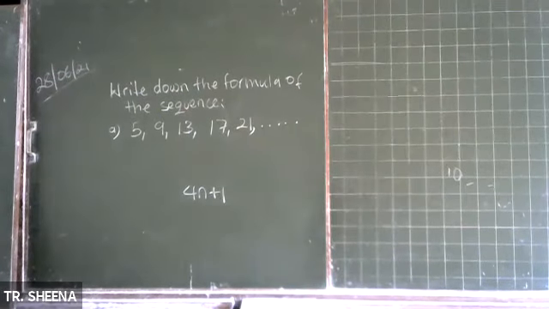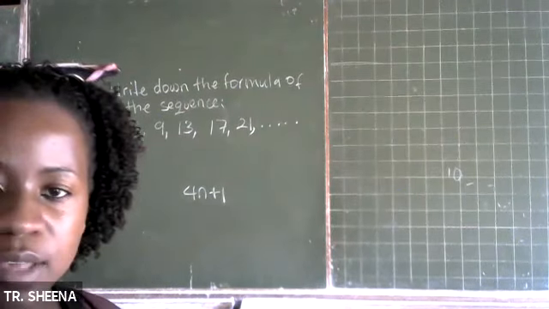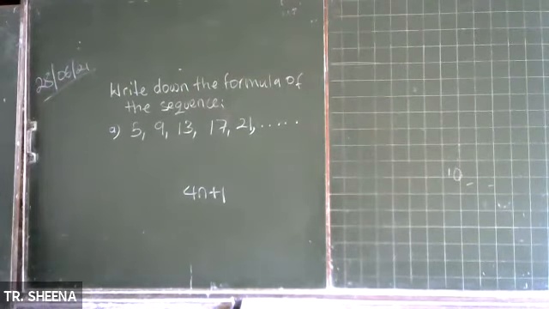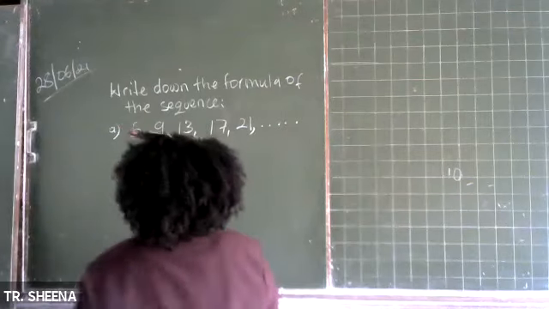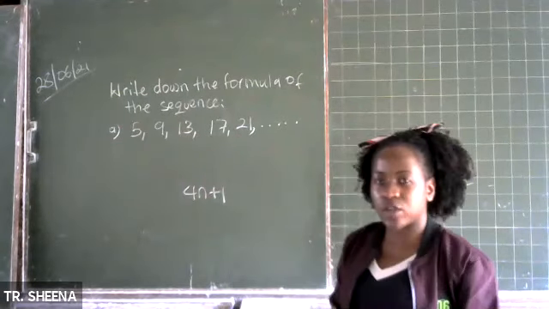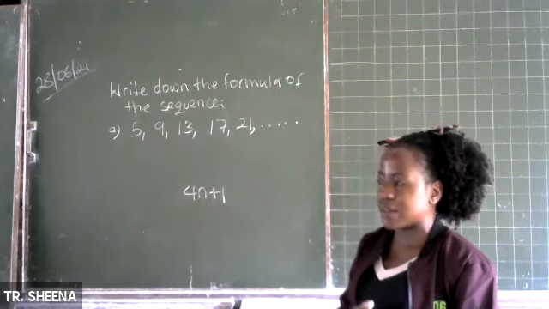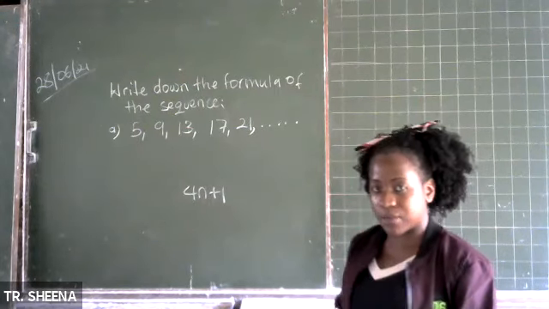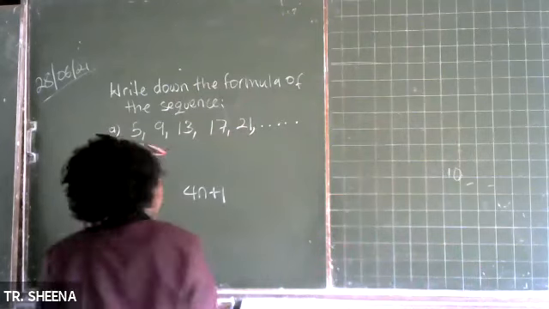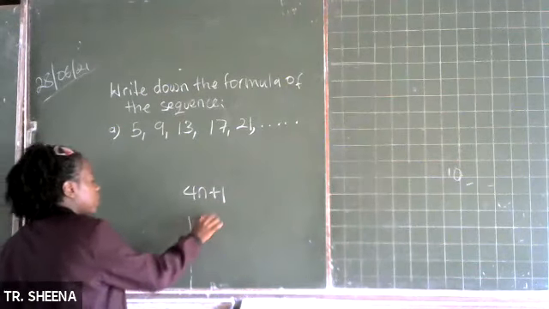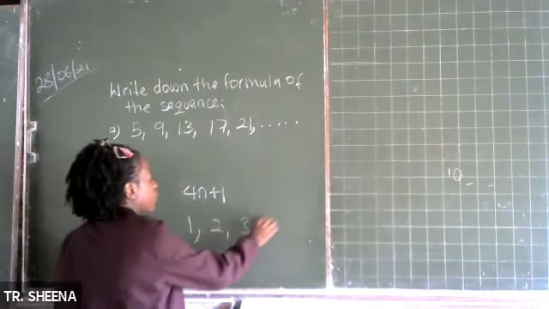In the chat room, Henry says both methods are correct, and I think I understand why he's saying that. Let me emphasize this: when you're finding the formula of the sequence, you do not use the sequence itself. You use the terms. Your n is equal to 1, 2, 3, 4, and so on.